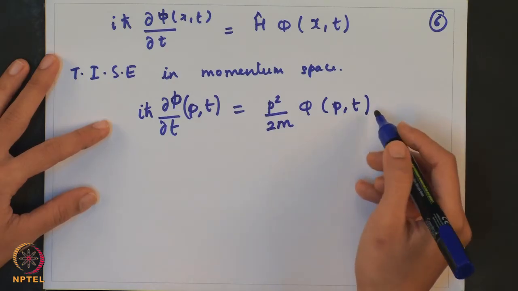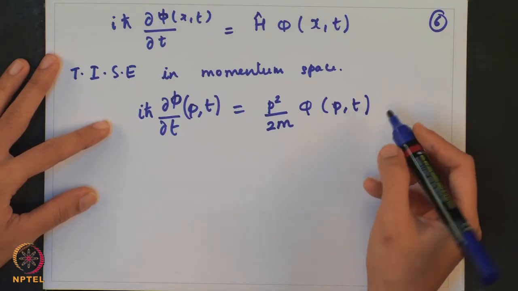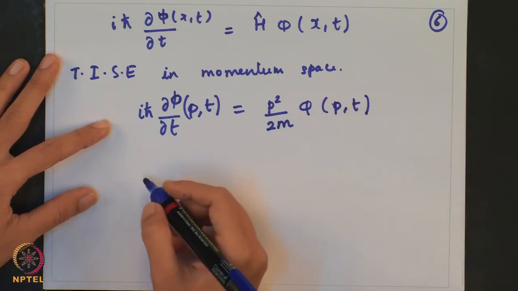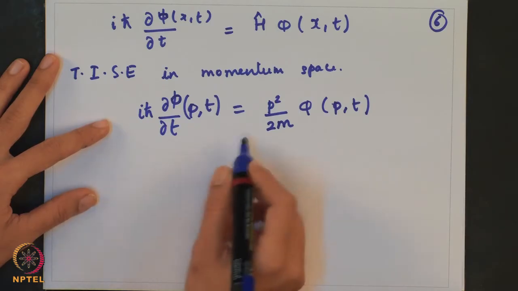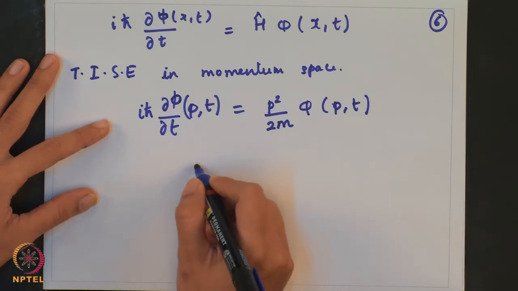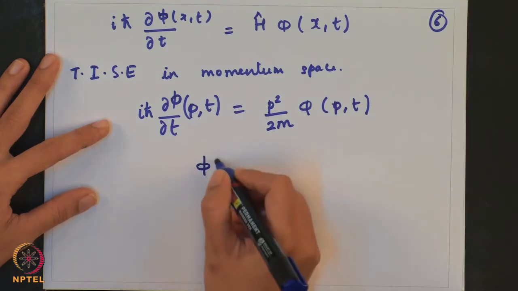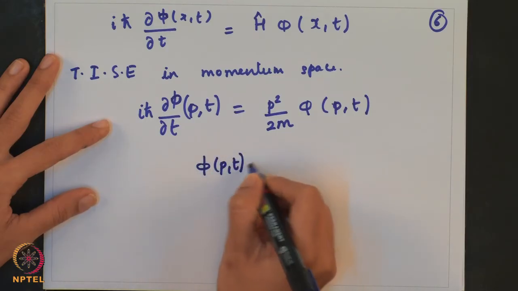Now, the solution of this equation would be φ(p,t).